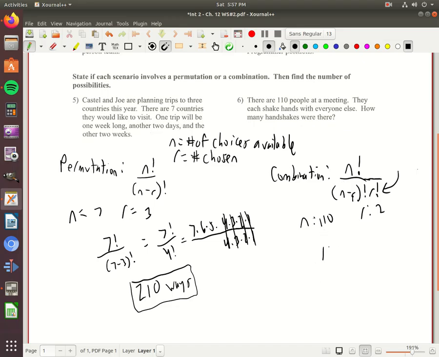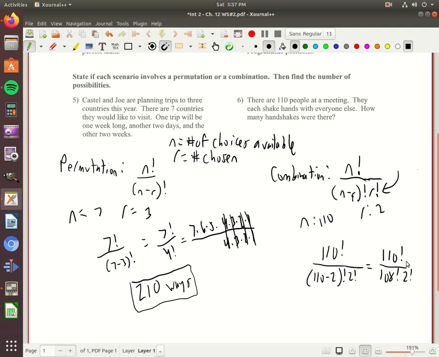So there's 110 people to choose from. And I'm going to put 110 minus 2 factorial times 2 factorial. Well, I'm not going to write this whole thing out, but essentially it's going to be 110 factorial over 108 factorial and 2 factorial.